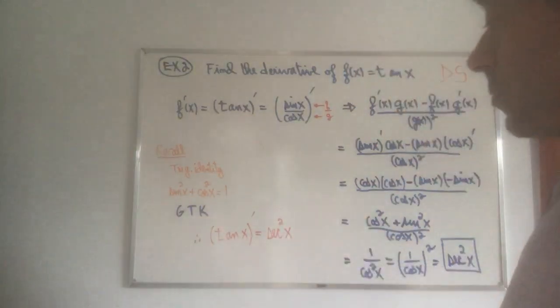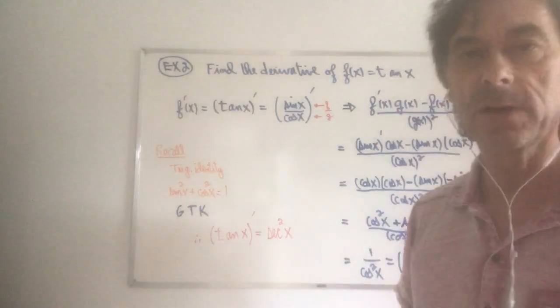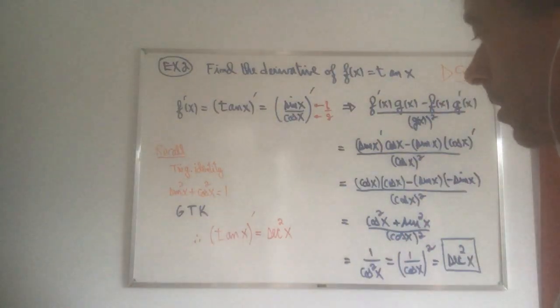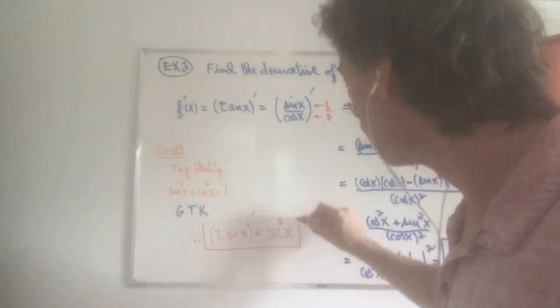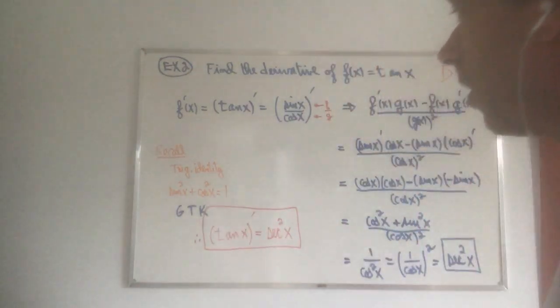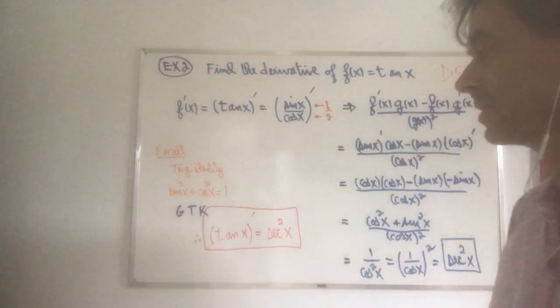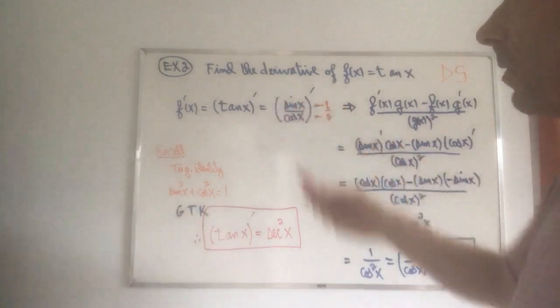But this is good to know as well. That's going to pop up every now and then in this chapter on trig derivatives. So you may box this if you want in your notes. It is something that will be useful at least at certain times. And this is how you would do, using the quotient rule, the derivative of tangent.